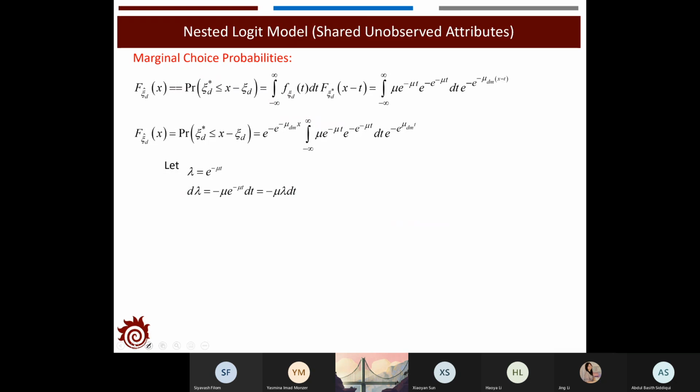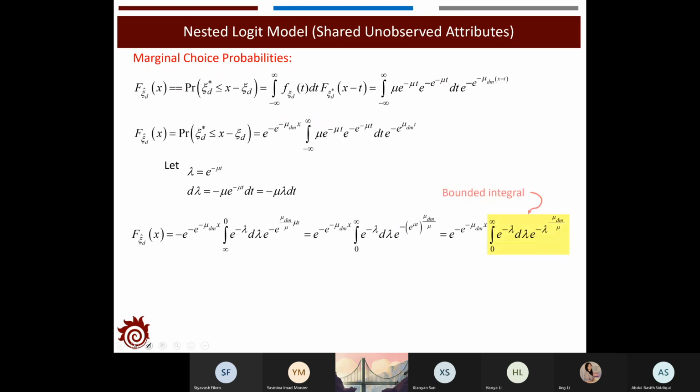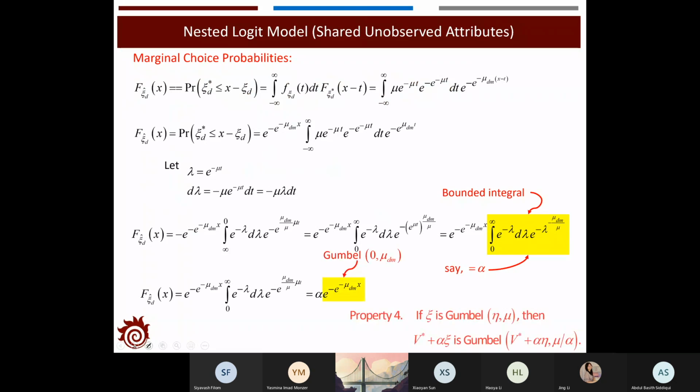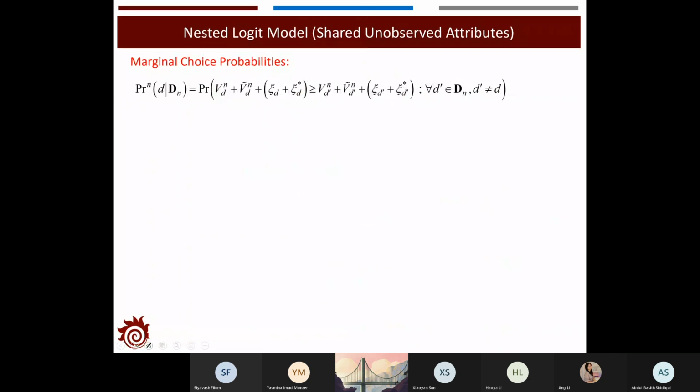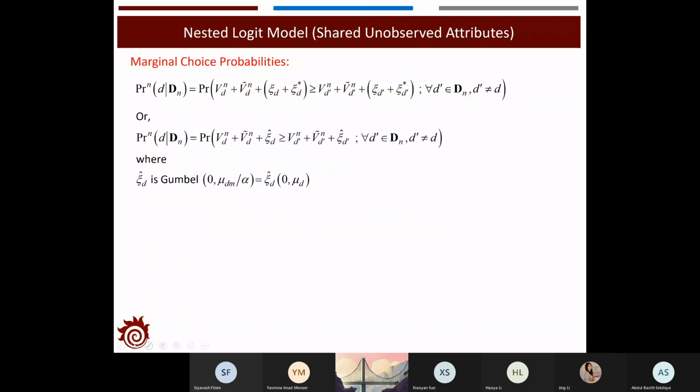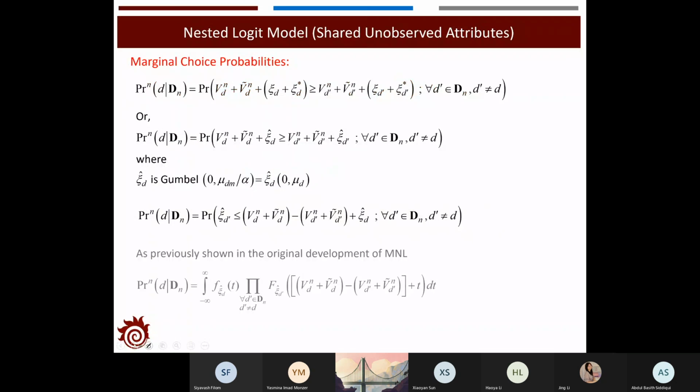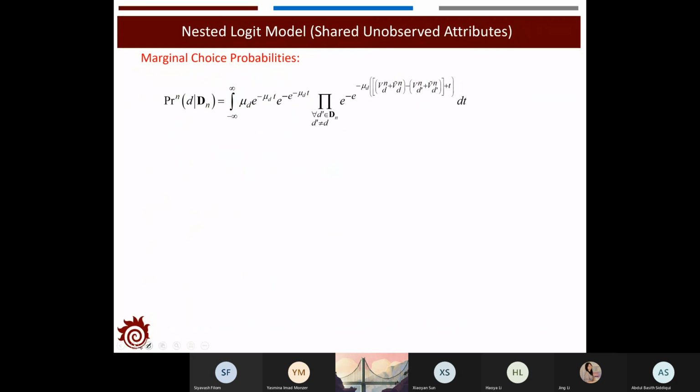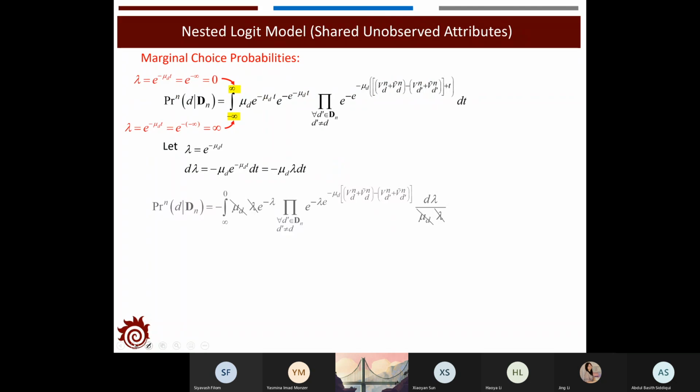You can check the details of the derivation after class. So once you complete all the derivations, we can get the marginal probability. Let me jump to the final conclusion.